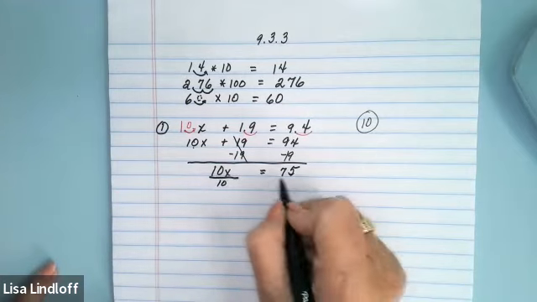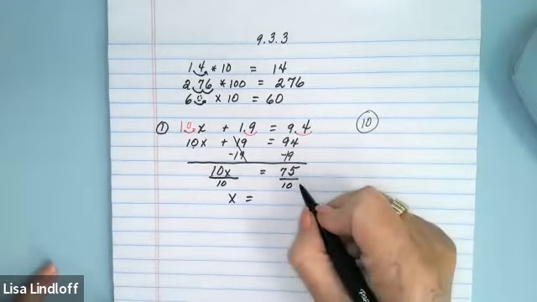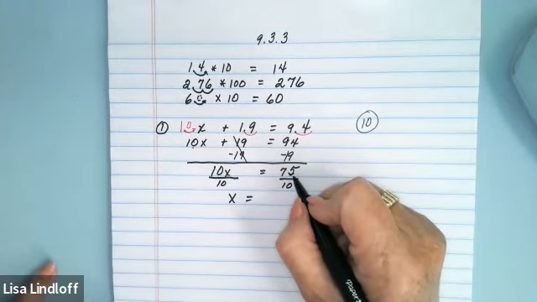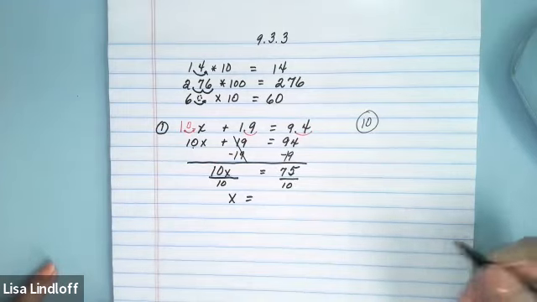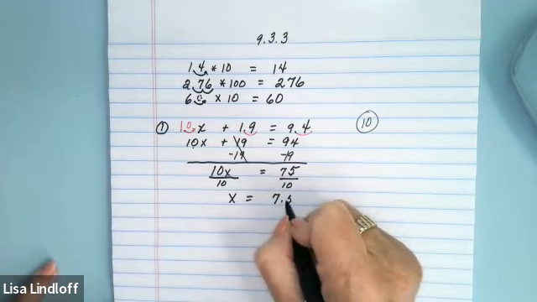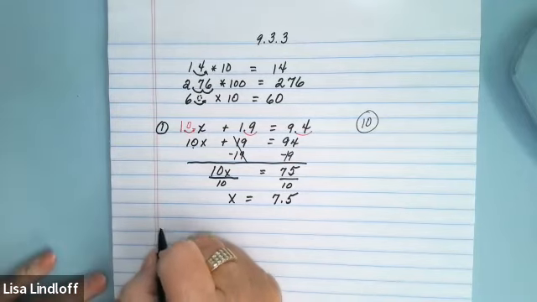Final step is to divide by 10. X will be equal to, again, go to your calculator. These answers are intended to be either whole numbers, integers, or decimals. So with the calculator, you will get 7.5. Some of the answers will be decimals and some of them will not.